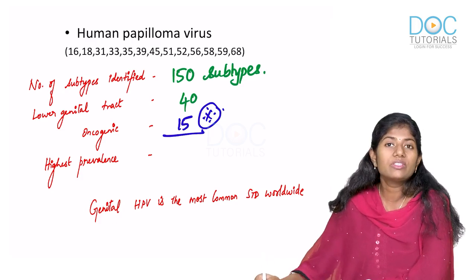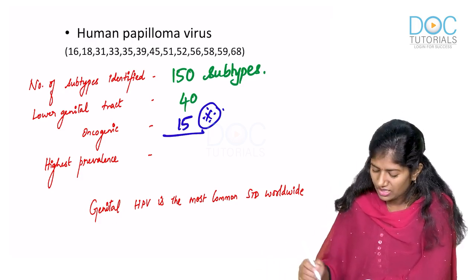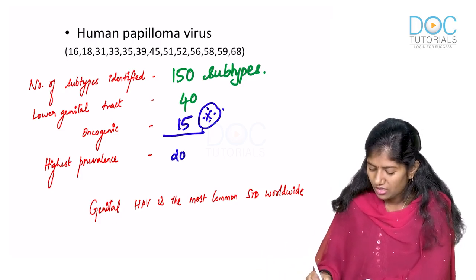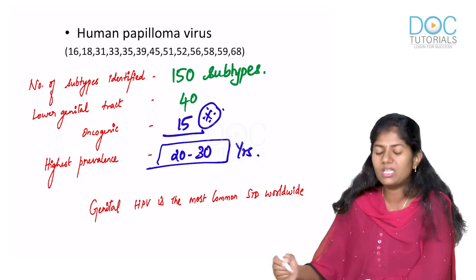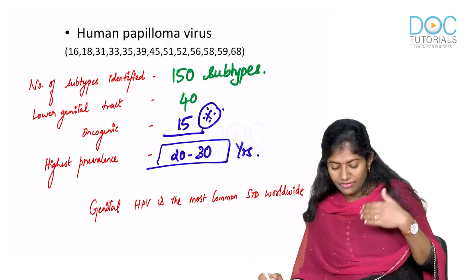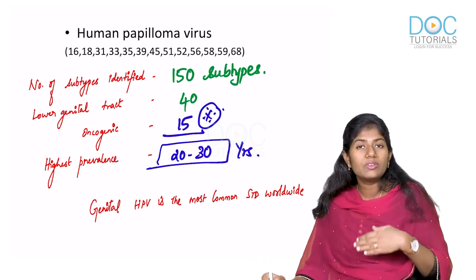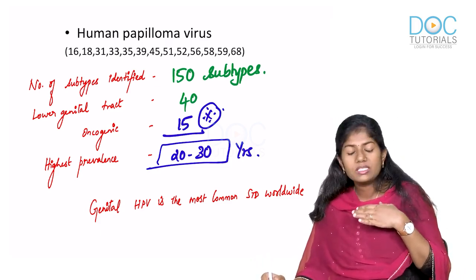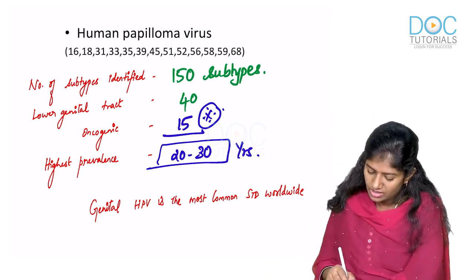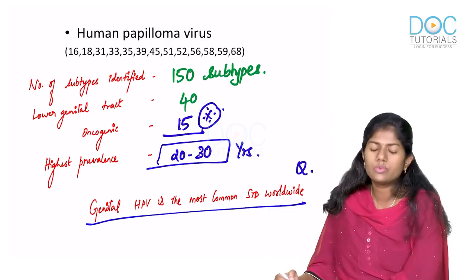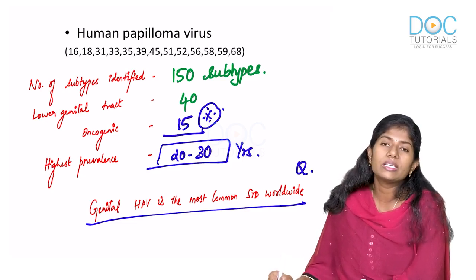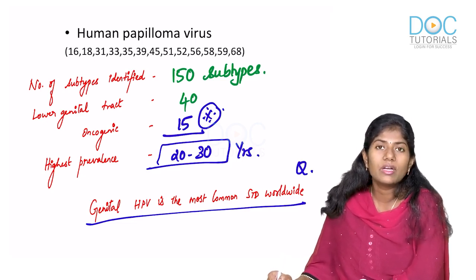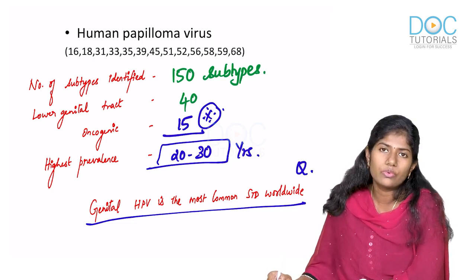In which age group is there the highest prevalence? Highest prevalence is between 20 and 30 years, and in fact, genital HPV is the most common sexually transmitted disease worldwide. When I ask which is the most common sexually transmitted disease worldwide, students usually answer chlamydia or tuberculosis or sometimes gonorrhea, but all these three are wrong answers.